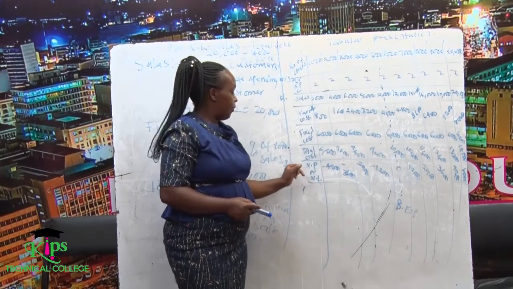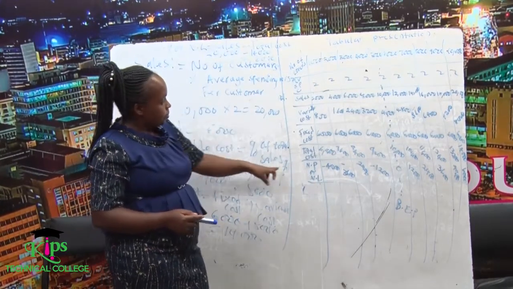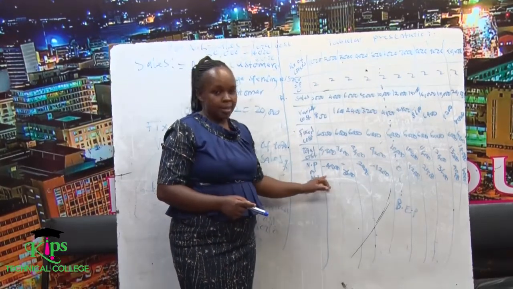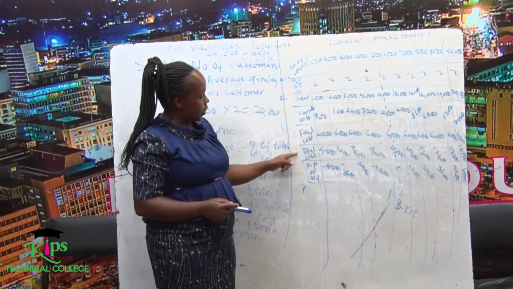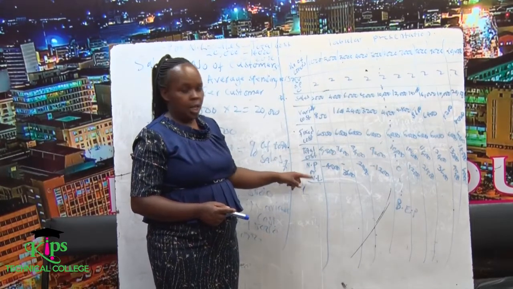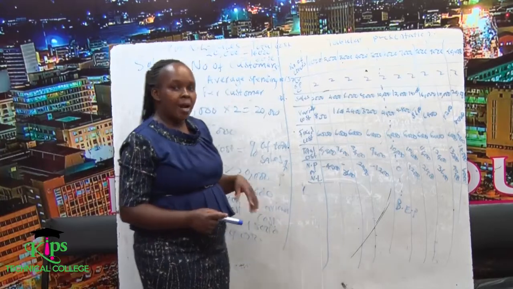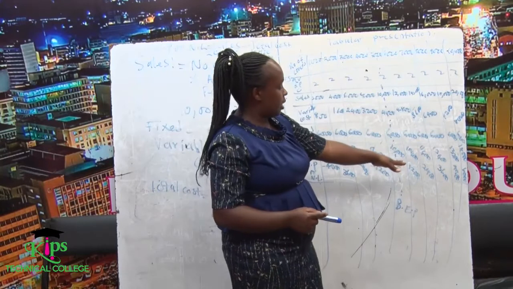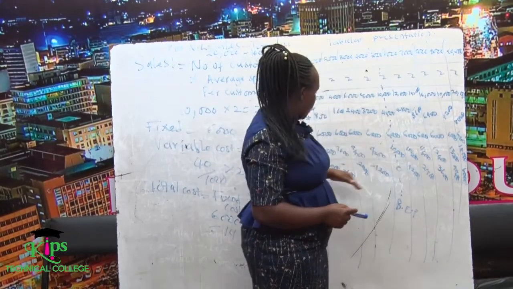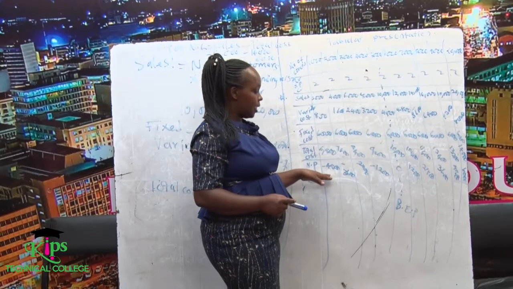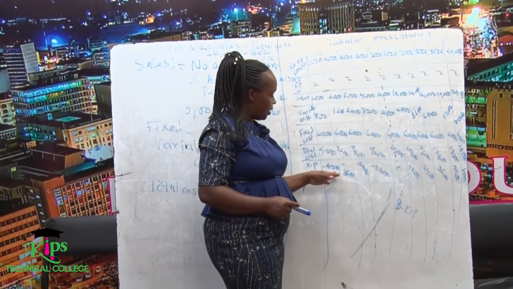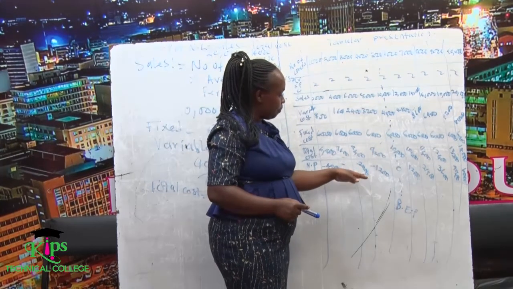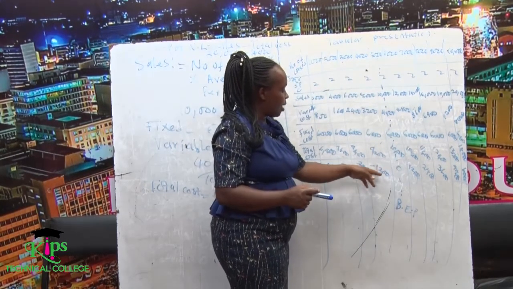Now for net profit or net loss, you will take sales minus total cost. We have calculated the total cost. Now you will take the sales minus the total cost. For the ones with the negative, it will be net loss, and those with the positive, it will be net profit. Now you will know this business made a net loss of 4,800, another one 3,600, another one 2,400, another one 1,200.